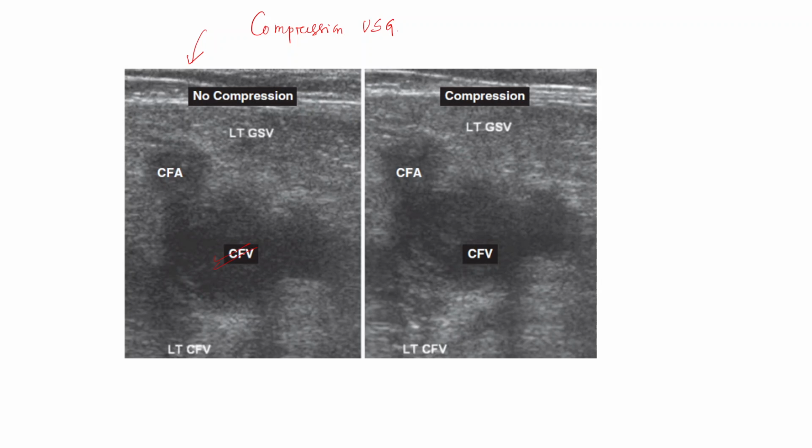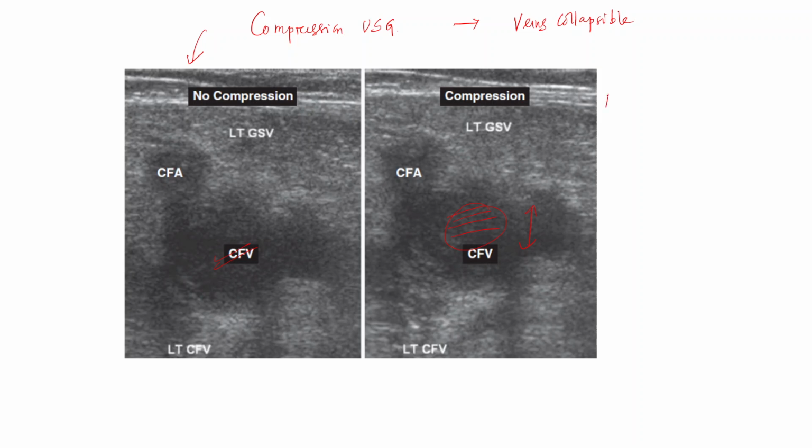Normally, if you give compression with the ultrasound probe, the veins are collapsible. But if there is a thrombus, it will acutely dilate the veins, and the veins become non-compressible.